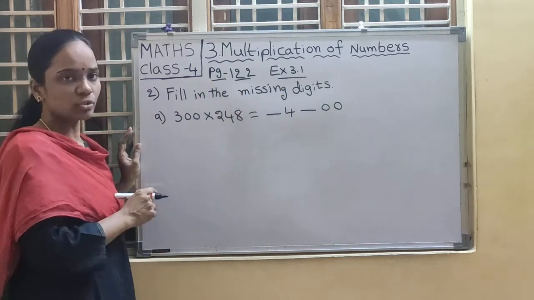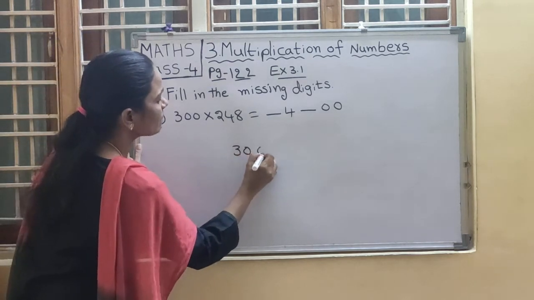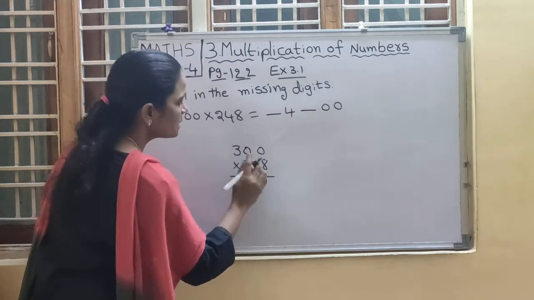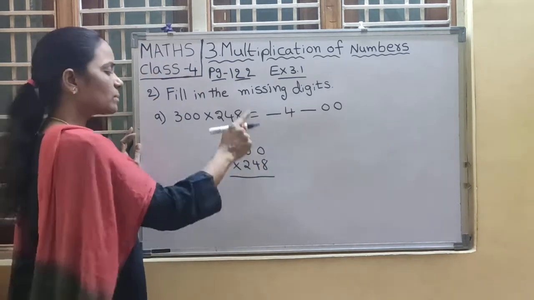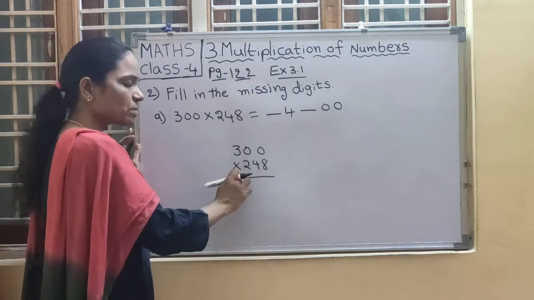This one I am going to do now. So take multiplication: 300, a 3-digit number, by 3-digit number 248. First 300 should be multiplied by 8, then by 4, then by 2.